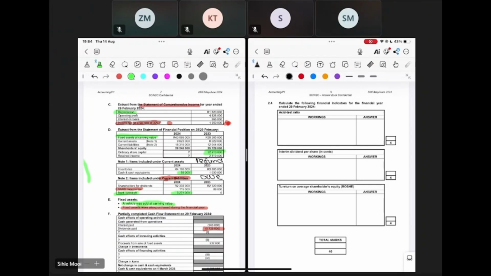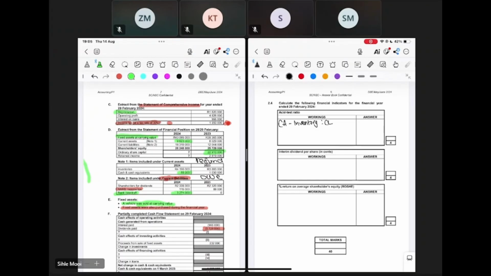Okay, so current assets minus inventory to our current liabilities. The information we've been given for our current assets is 9,623,000.